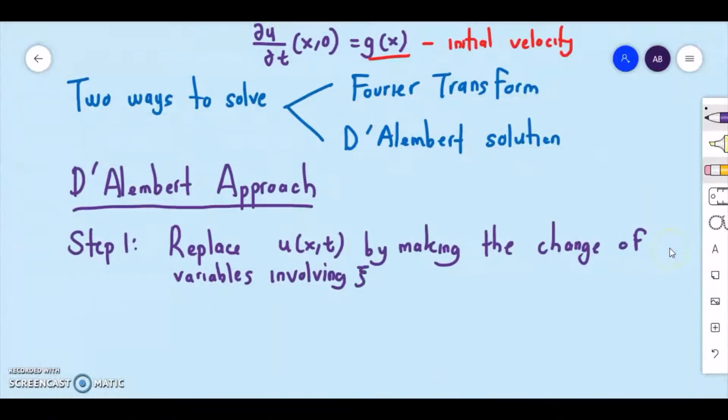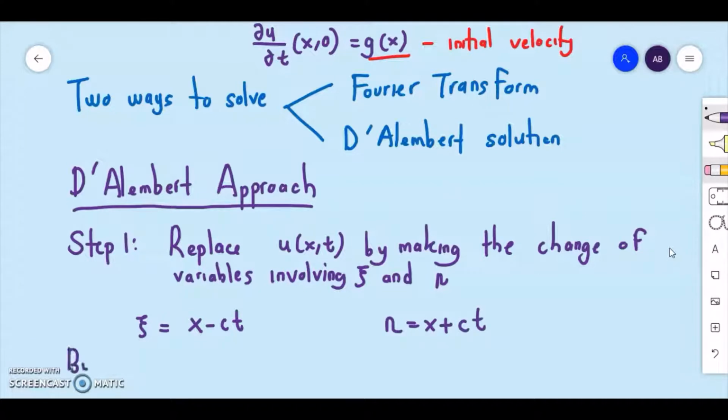To make that change, we introduce two terms, such that psi equals x minus ct, while eta equals x plus ct.